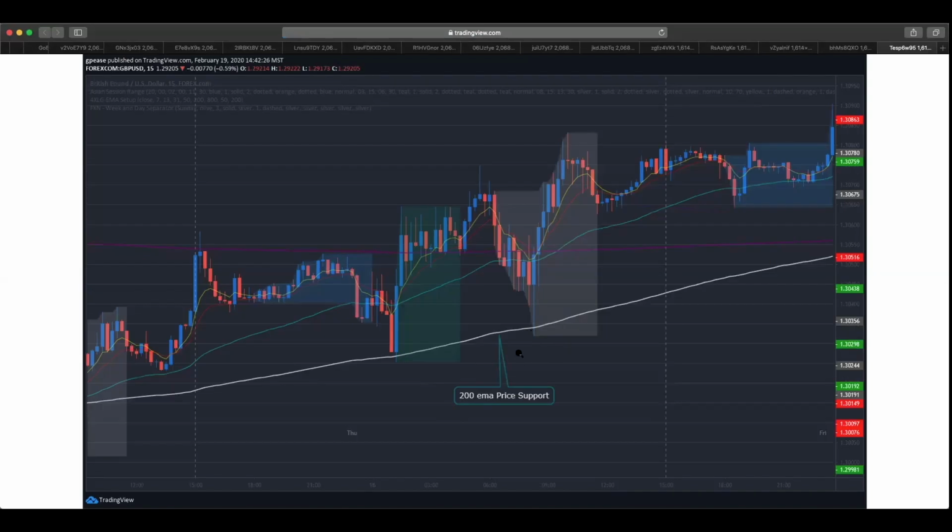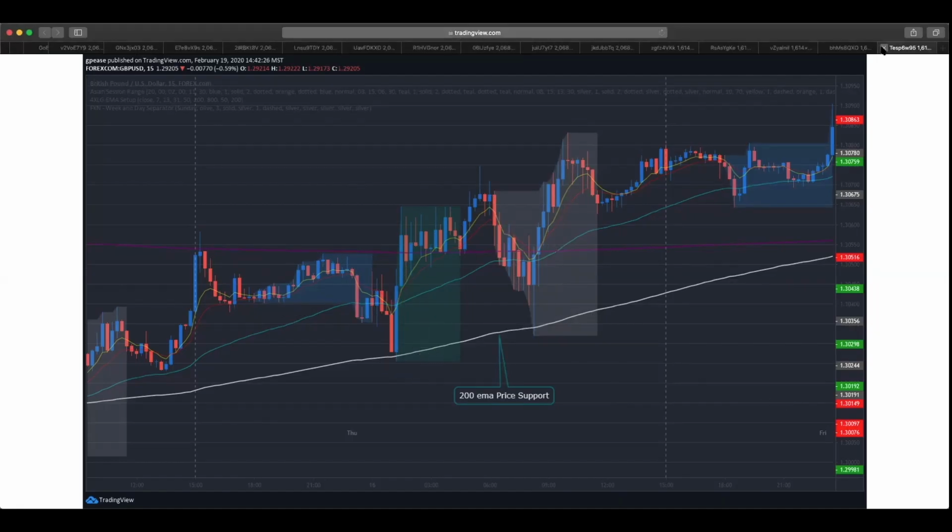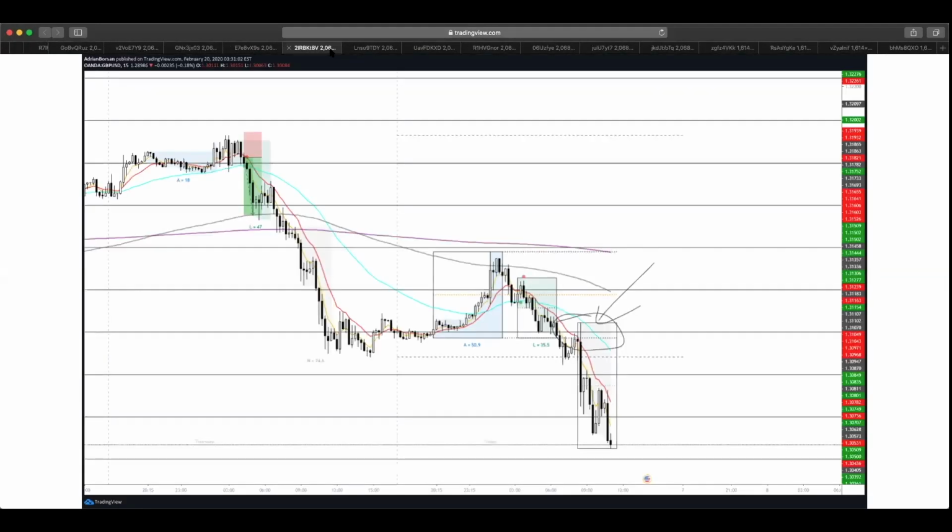So here's what pins to the 200 here. This would be your Asian range here. You get a railroad track stop hunt going back up, coming back down. They pin it again, and they go back up. Pins to the 200. Let's pick some different ones here.